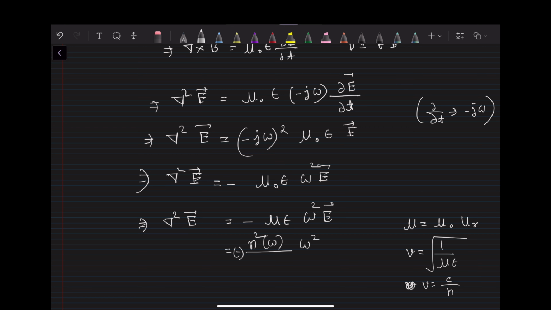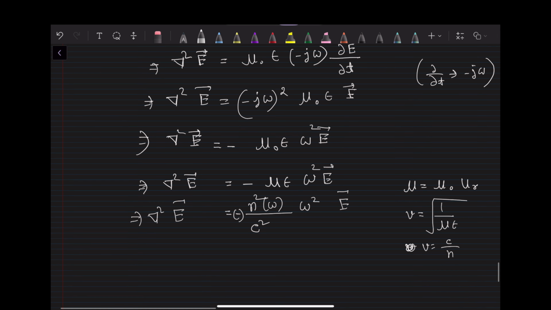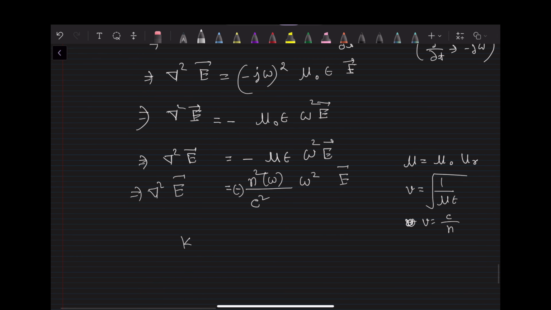This will be squared because of the dispersion equation I introduced to you earlier.